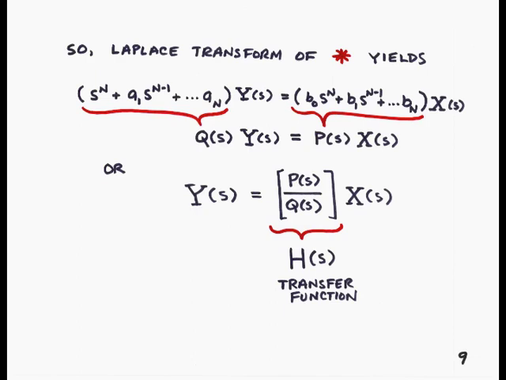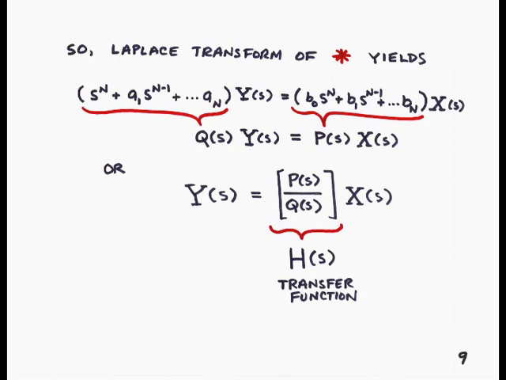So in the case that the initial conditions are 0, it's quite easy to find the Laplace transform of a differential equation. We simply take the D in Q(D) and P(D) and replace it by s. That gives us Q(s) and P(s). And therefore the differential equation becomes Q(s) Y(s) = P(s) X(s).